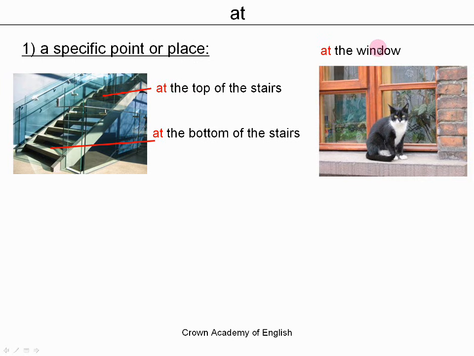So again, window, this is a specific point or place. And some other examples would be, we can say at the door. So if somebody is at the door, or at the end of the street, for example, etc. So the first use is we can use the word at for a specific point or place. Okay?